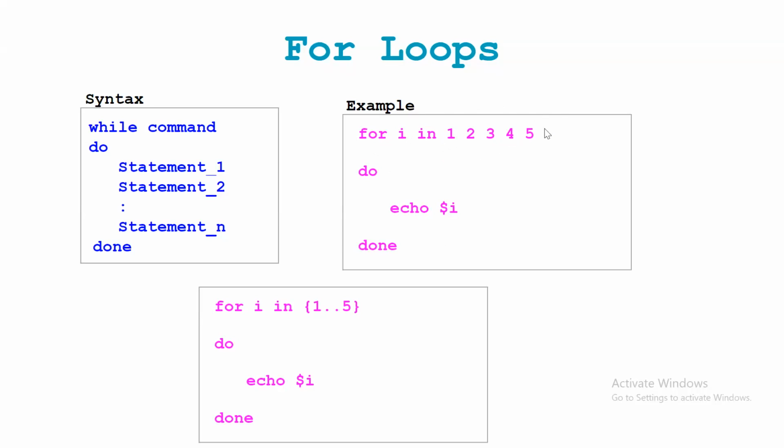So 1, 2, 3, 4, 5. These values would be assigned to that I, and whatever is that value of I, that would be printed. So output of this is 1, 2, 3, 4, 5.